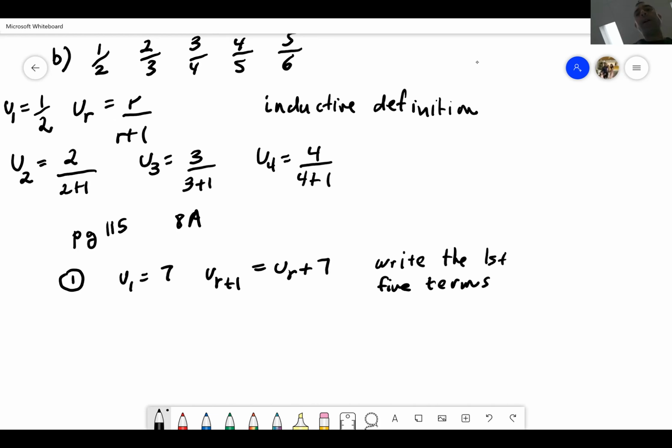Let me go ahead and scroll that up. So what is it saying? What's the first term going to be? 7. Now, what does it say? Let's say you want to find u of 2.